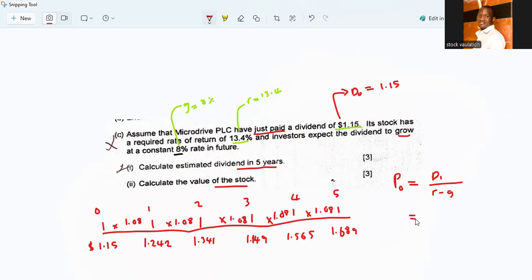What do we have? D1 is 1.242, R is 13.4%, and G is 0.08.